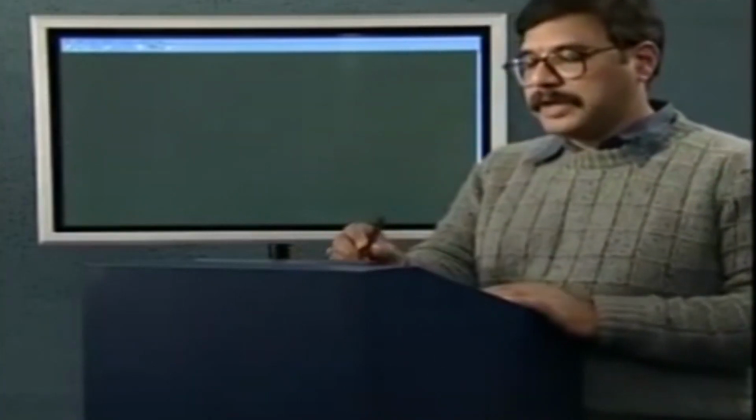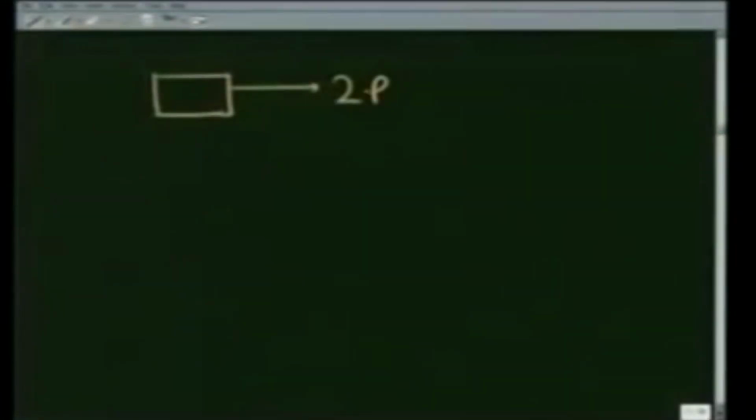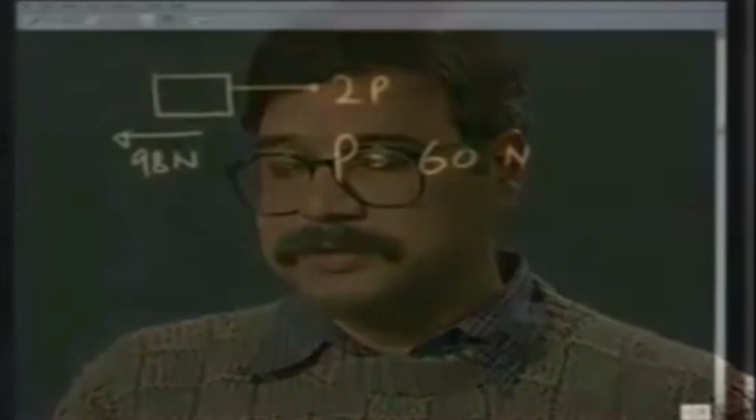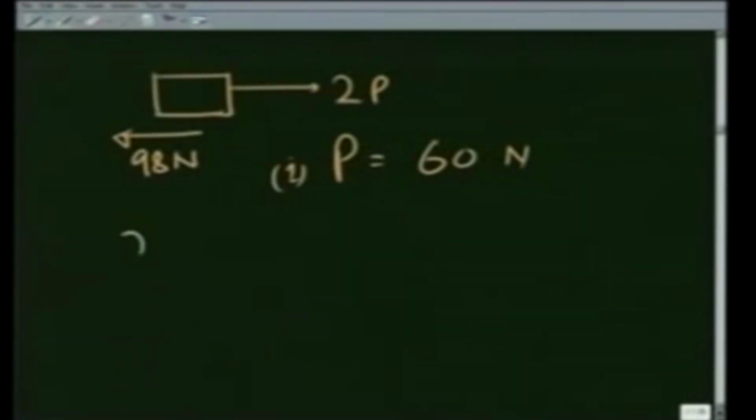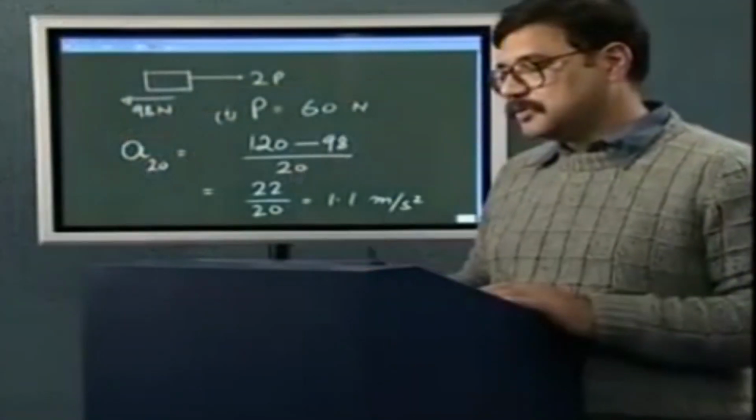So let us see what happens when I apply a force of 2p here, and this is 98 newtons. In case of p is equal to 60 newtons, which was my first case, the acceleration of the upper mass 20 is going to be 120 minus 98 over 20, which is 22 over 20, which is 1.1 meters per second square.